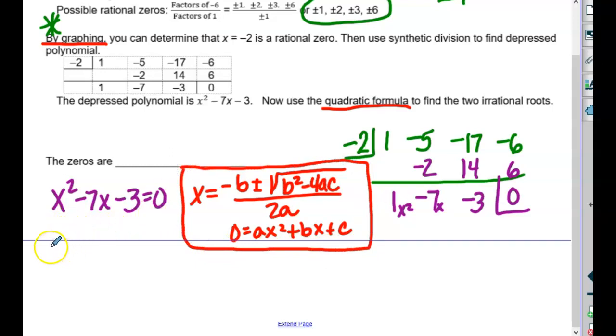All right, so what are a, b, and c for ours over here? A is 1, b is -7, and c is -3.